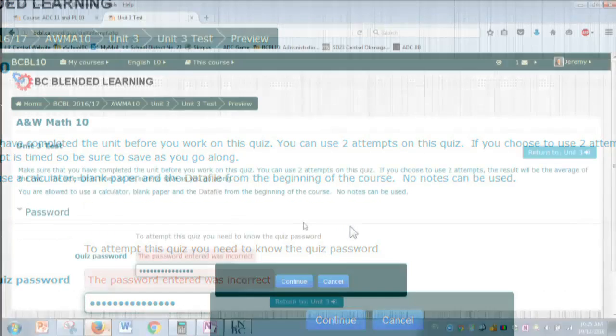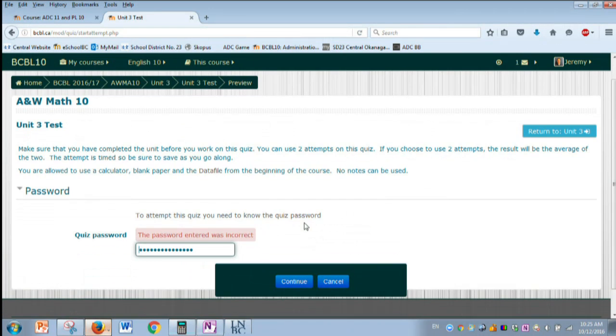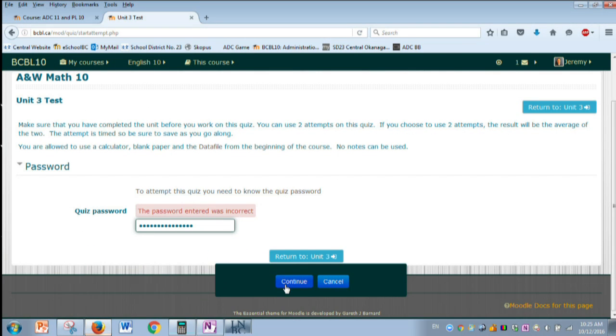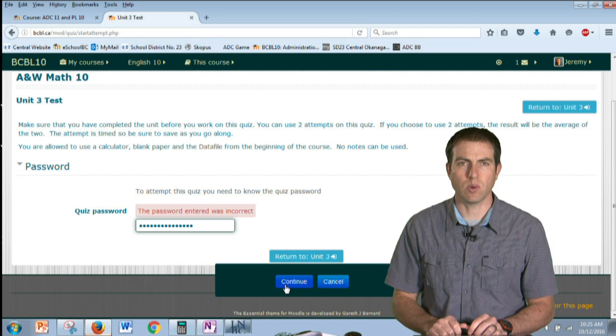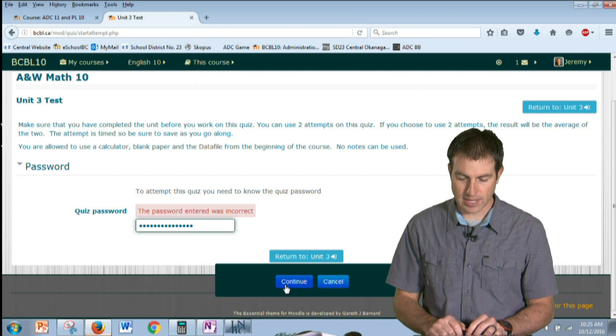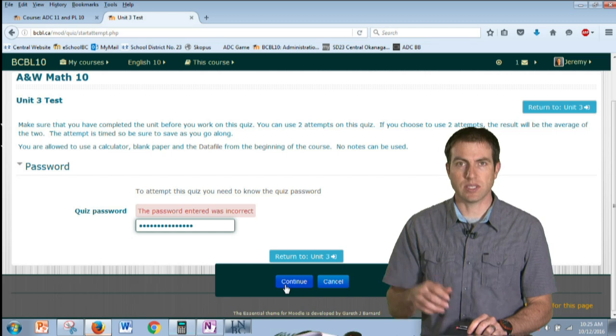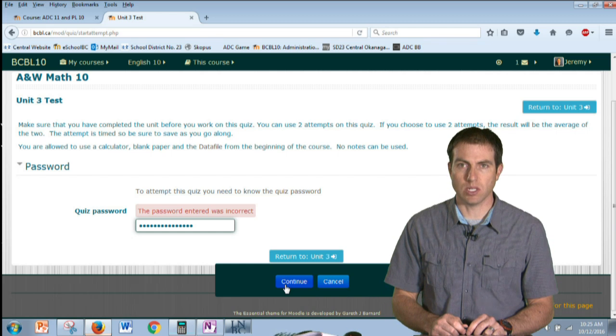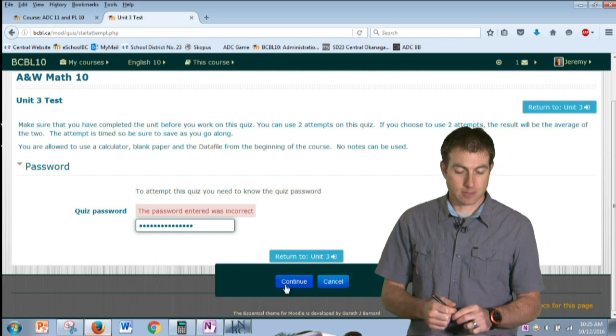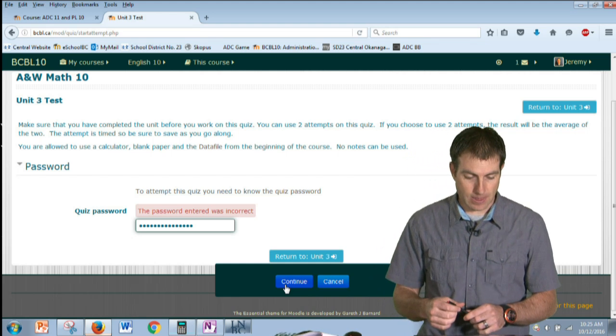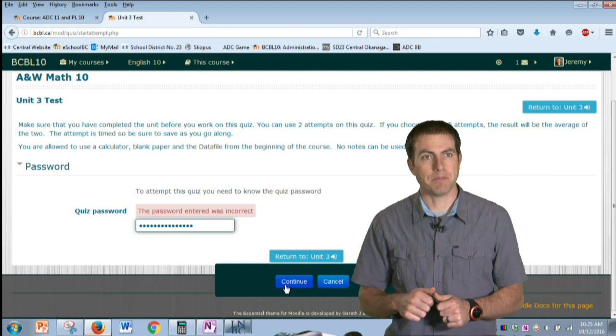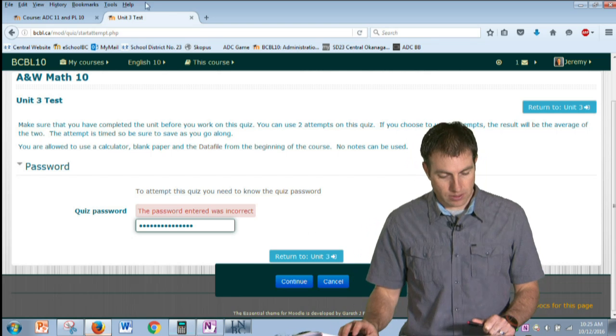No. Anyways, I'll send you the password. You just click continue once you enter the password, and then you write the quiz. I think it's 20 questions. It might be a little shorter than that. And it's exactly the same as the quiz that you guys have done as well. So that is how you're going to access the quiz for the end of the unit.